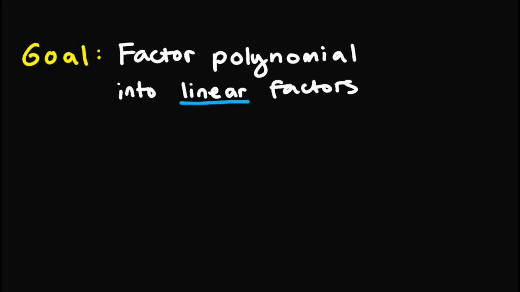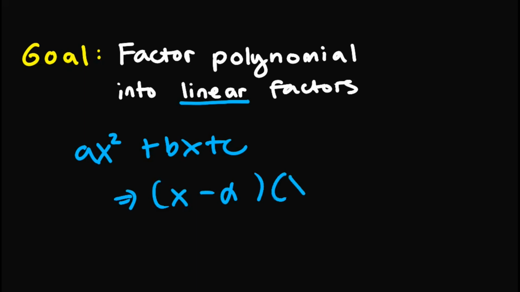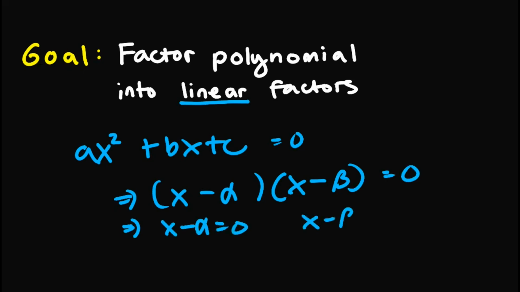Just like in a quadratic equation, if we have, say, this and this factors into x minus alpha times x minus beta equals 0, we immediately know that this is simply x minus alpha equals 0, x minus beta equals 0, or x equals alpha, or x equals beta. So we'll apply the same idea in this one.